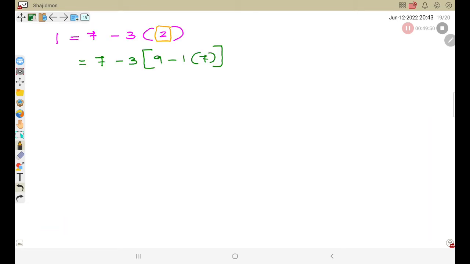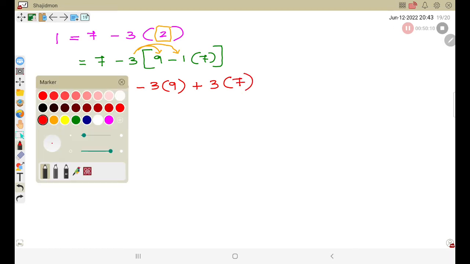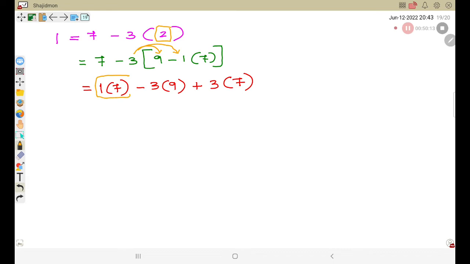Now expand the bracket. 3 expand here, expand here. So we can write, equals, 1 multiply 7 minus 3 multiply 9, minus minus plus 3 multiply 1 is 3, 7 same. Now we can add 1 multiply 7 and plus 3 multiply 7, these two. 7 only one time writing, 1 plus 3 means 4.